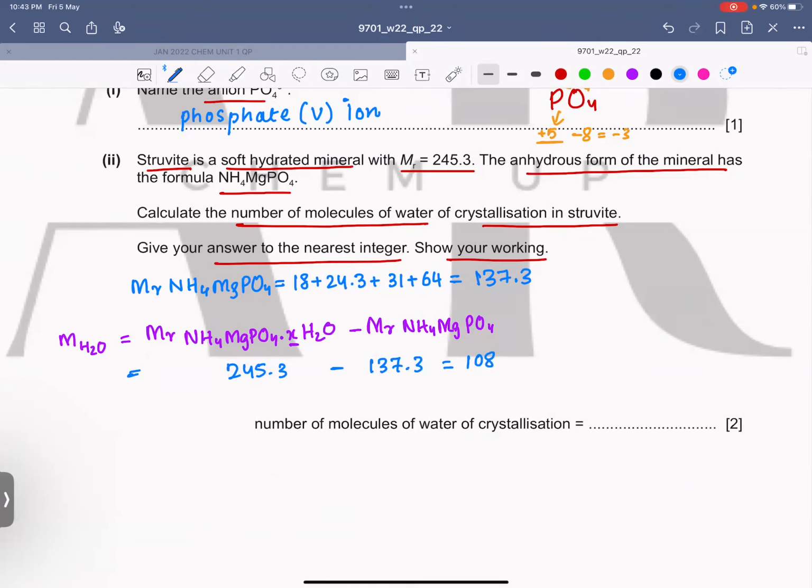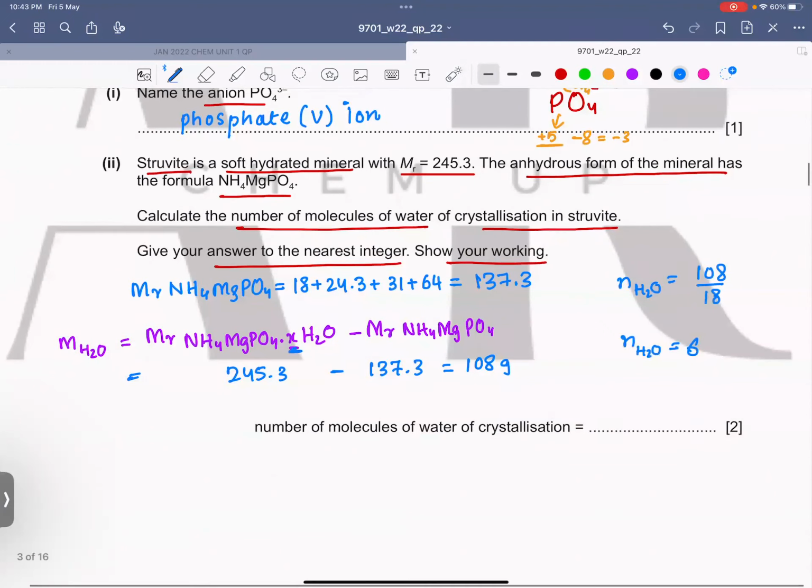108. So if I turn this mass into moles, I would get the value of this X over here. So 108 divided by 18. What would be the answer? Yes, 6.